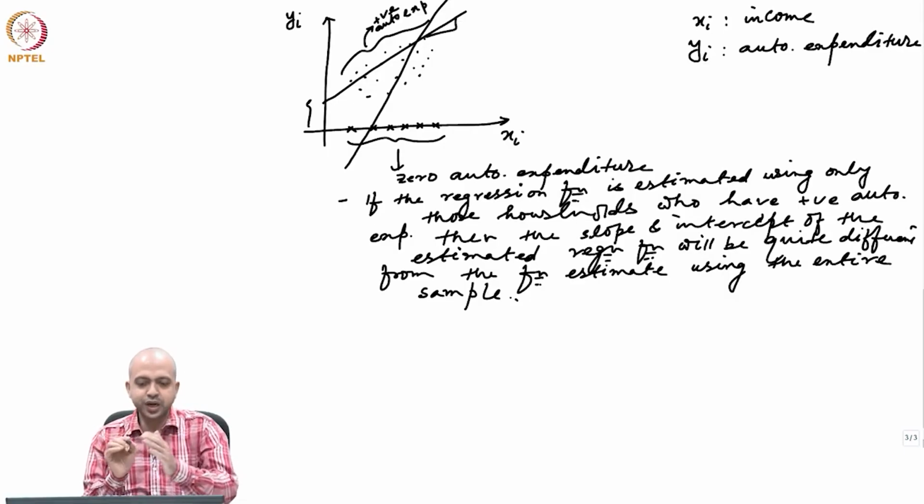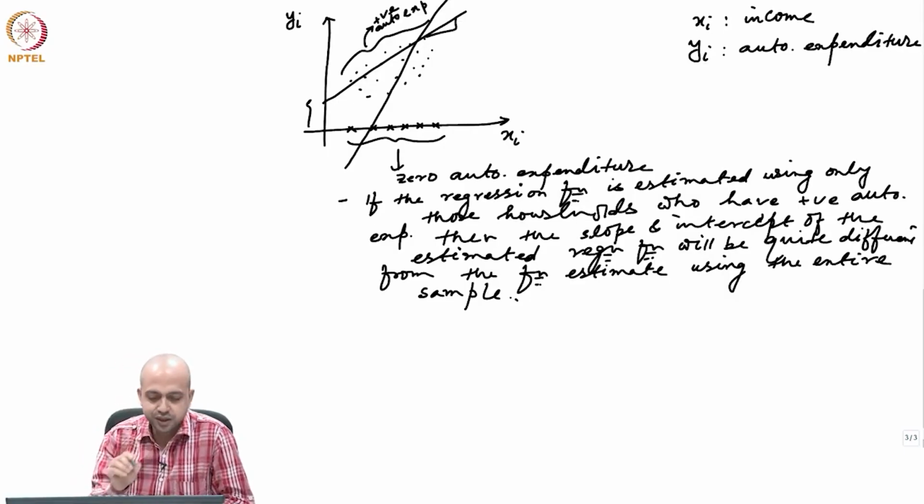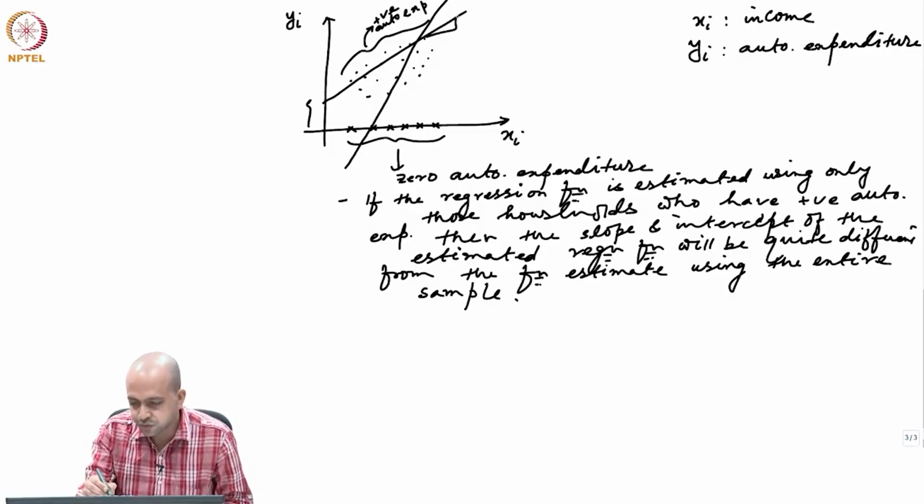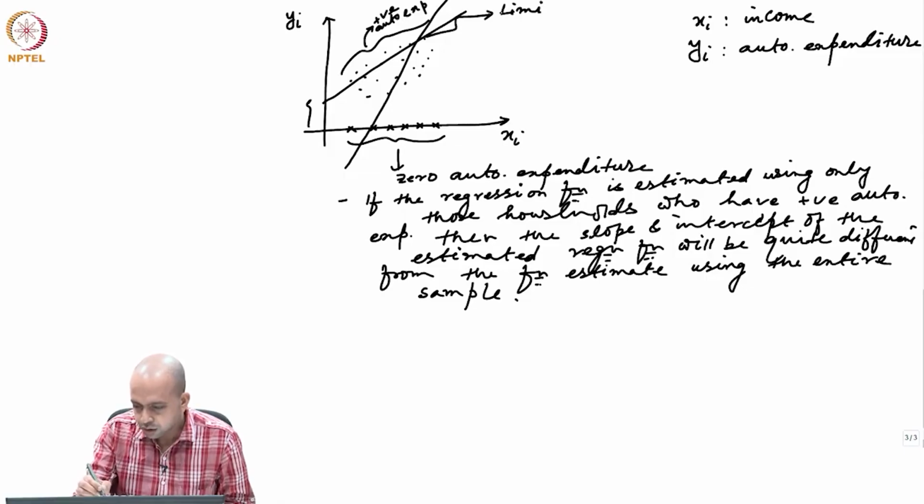So, this is what you can understand intuitively. This is only for limited observations, this is the equation for the selected sample, and this is for the entire sample.